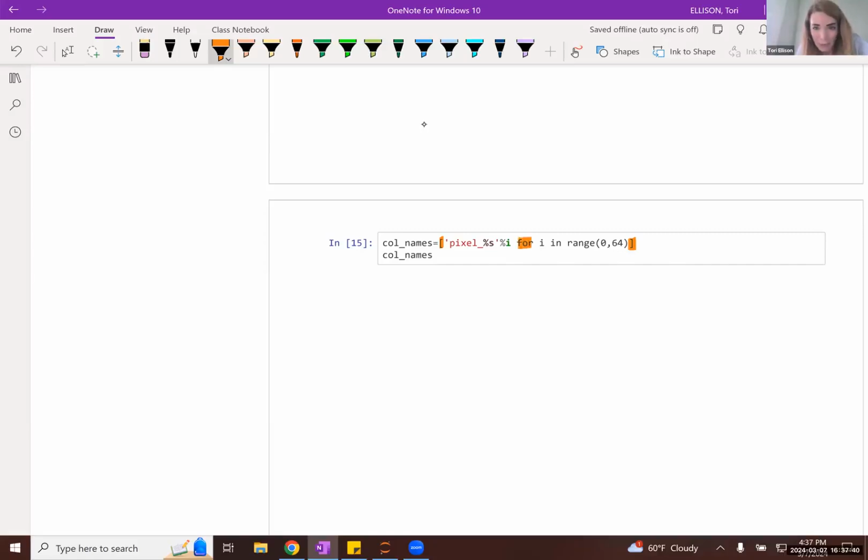What I'd like to do is create a list that says pixel 0, pixel 1, pixel 2, and so on. I'm going to set up my for loop as I would normally: for i in the range of values from 0 to 63.